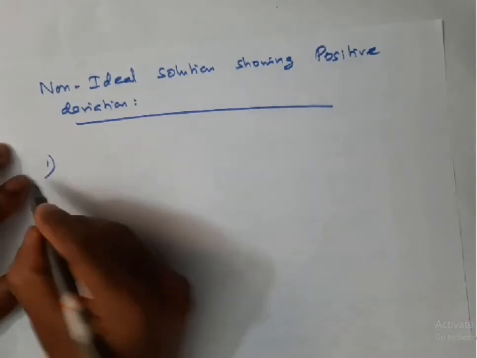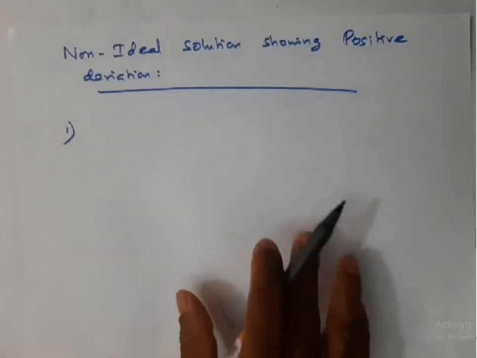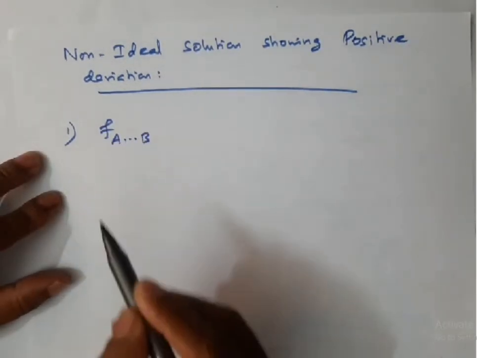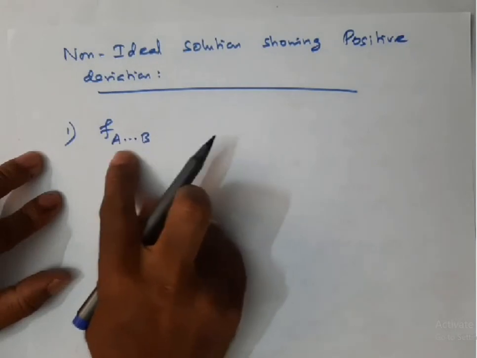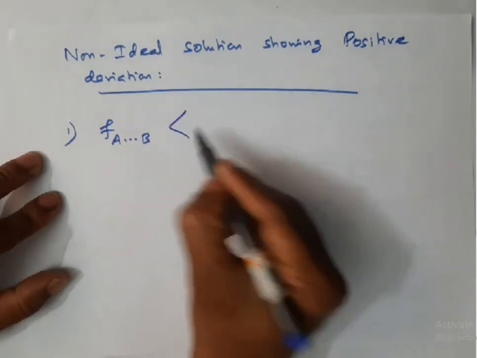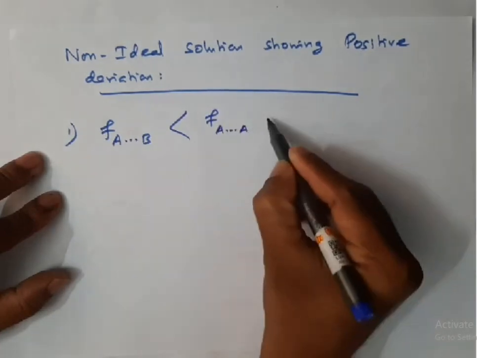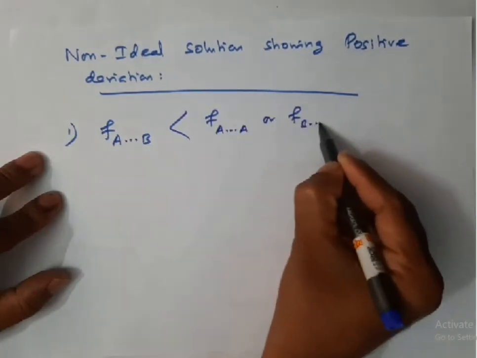Number 1, I'll just summarize the points. Number 1, force of attraction between A and B after mixing is less compared to the force of attraction between A and A, or force of attraction between B and B. It is weak.